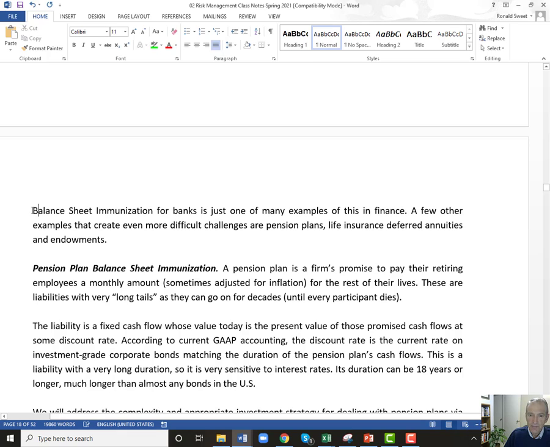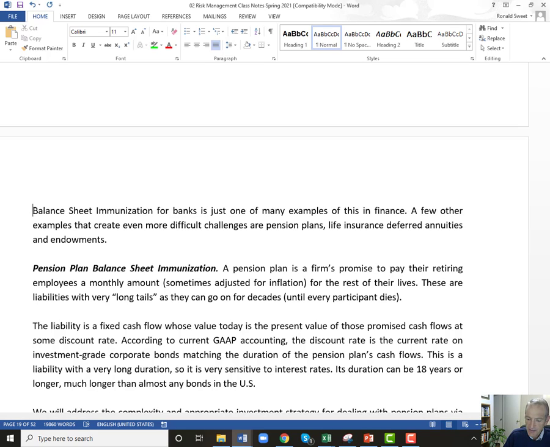All right, so we just did balance sheet immunization for banks. We might work another problem in one of our online sessions, or I might ask some of you to work a problem. There are other examples out there, so you can get more and more practice with this.